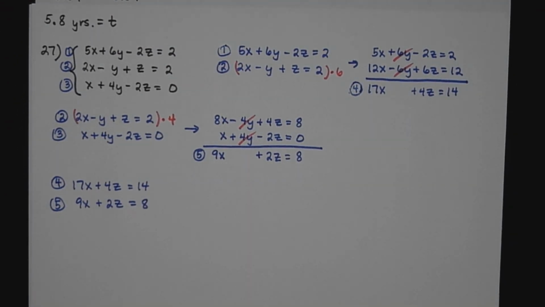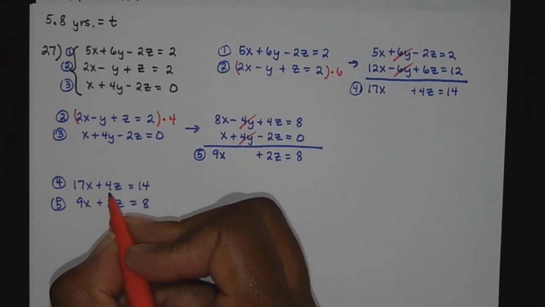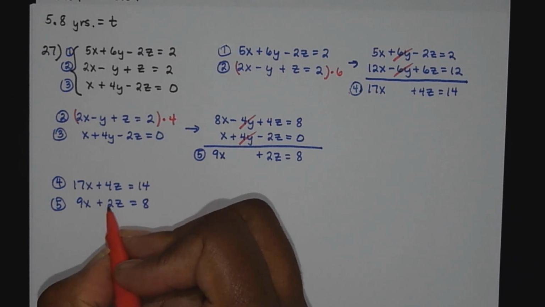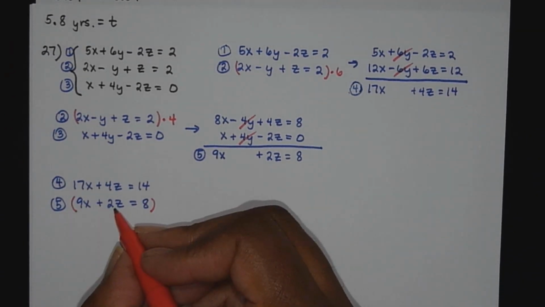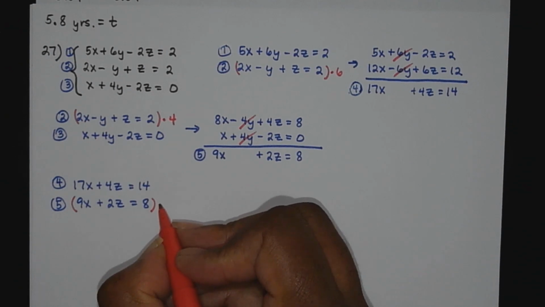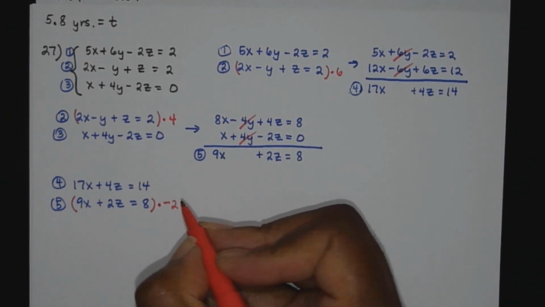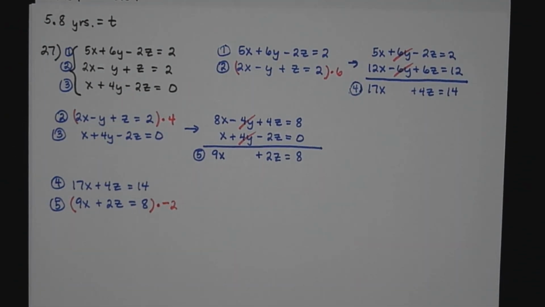Now, which variable would you like to eliminate, x or z? Let's eliminate the z. Now I got 4z, but I need to make this one minus 4z. Well, I got 2z, so if I want that 2z to be minus 4z, I need to multiply that second equation, or equation 5, by negative 2.